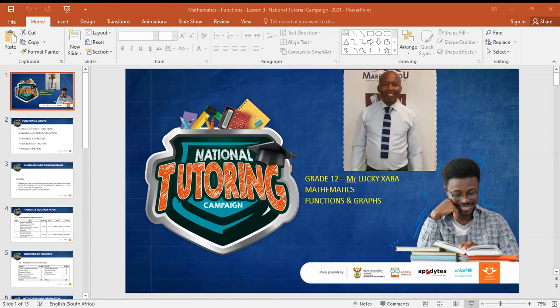Under weightings, you can see that functions and graphs are going to give or take 35 marks. So it is very important that we make sure that we get the maximum marks from that topic. It's about 35 marks, you can easily score good marks on it.